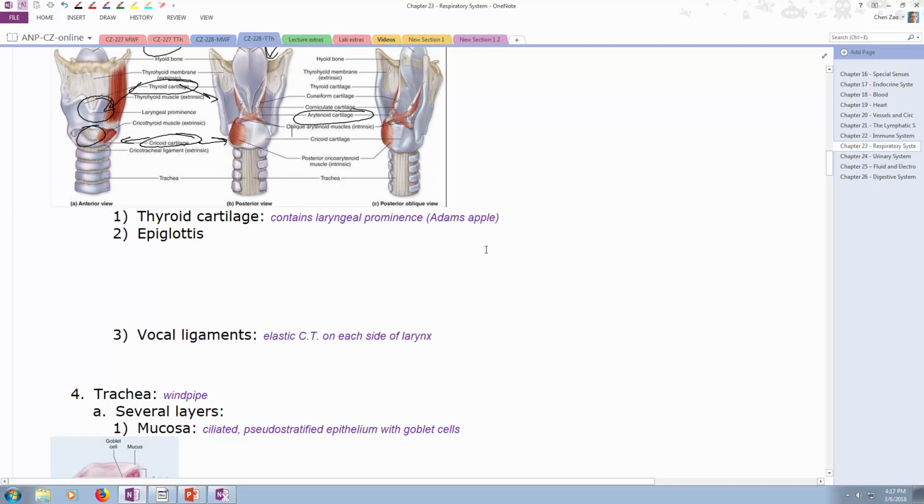Thyroid cartilage, indeed, remember, laryngeal prominence or Adam's apple for that. Epiglottis covers the glottic opening when you swallow.